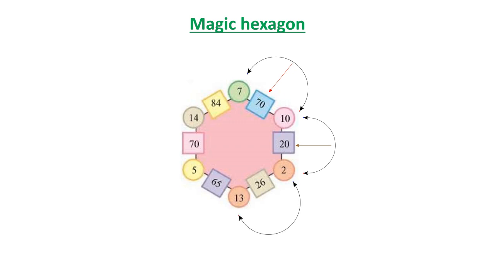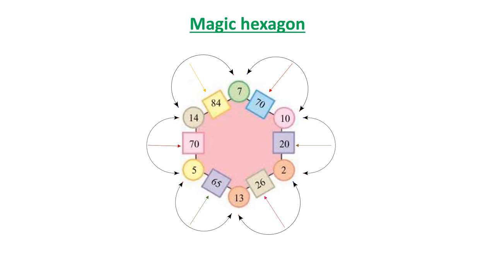When we multiply 2 and 13, we will get 26. When we multiply 5 and 13, we will get 65. Then, the fifth side, 5 and 14, we will get 70. Then the sixth side, if we multiply 7 and 14, we will get 84.